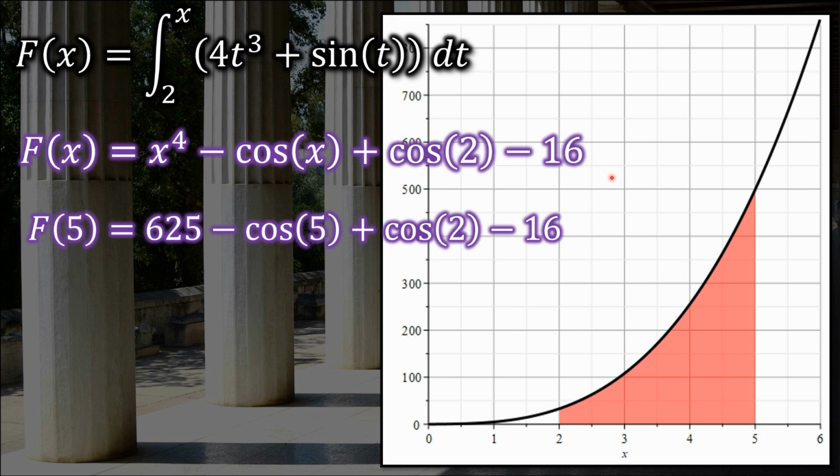I'm not thrilled about all these values, but I have a calculator that can do it for me. And when I do so, I get an approximate value of 608.3 blah blah blah-ish, right? No Riemann sum required. No need for a summation, no need for anything other than an antiderivative.